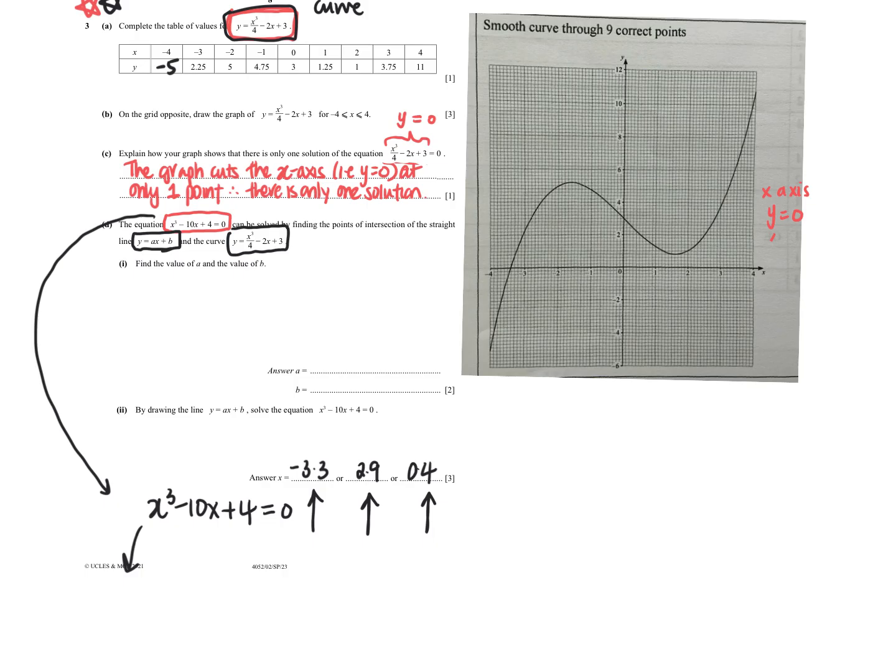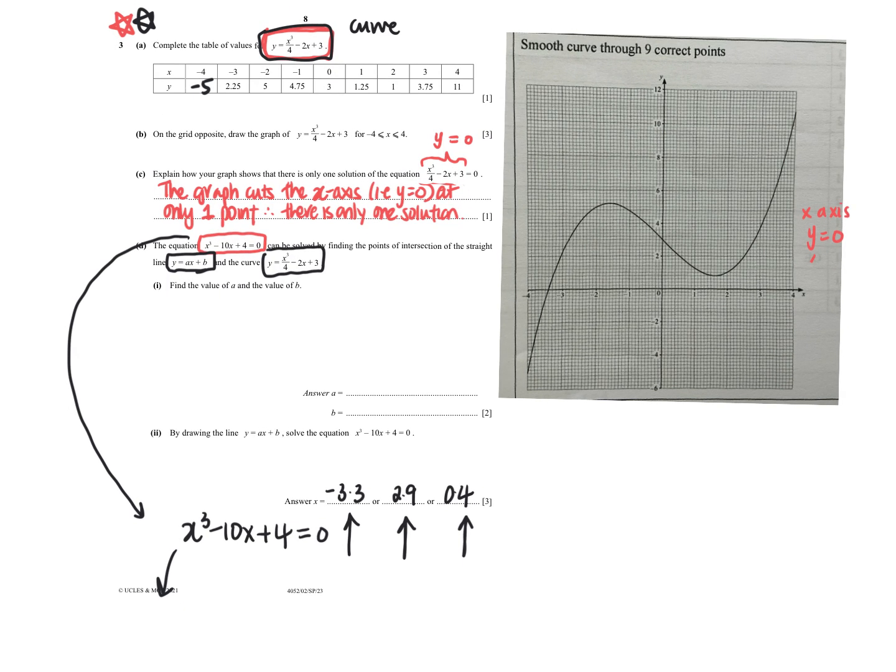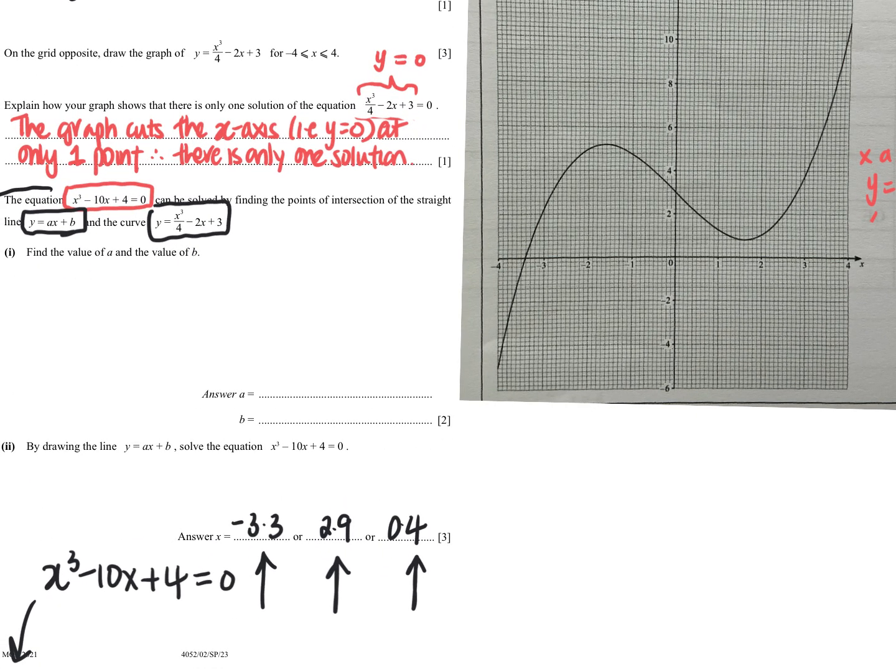I mean you can, but on the graph it's very difficult to read 3.35. No, I round off the second dp, it is minus 3.34. I round off to 1 dp, it is minus 3.3.